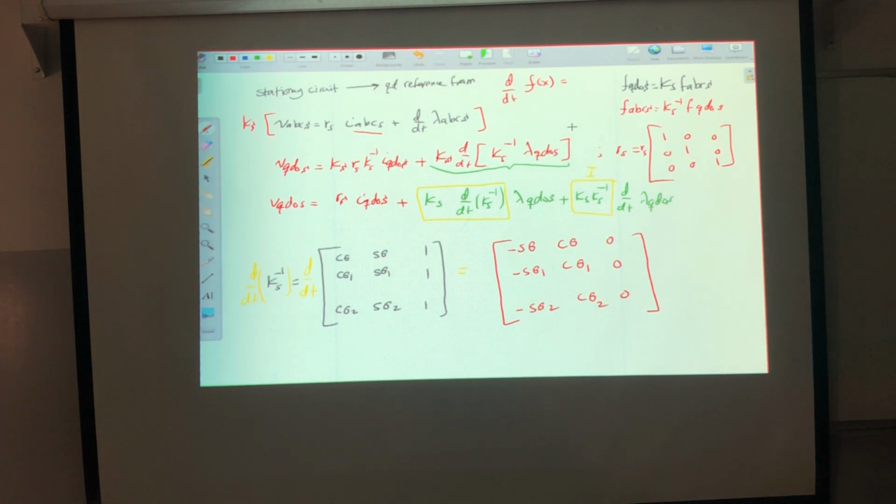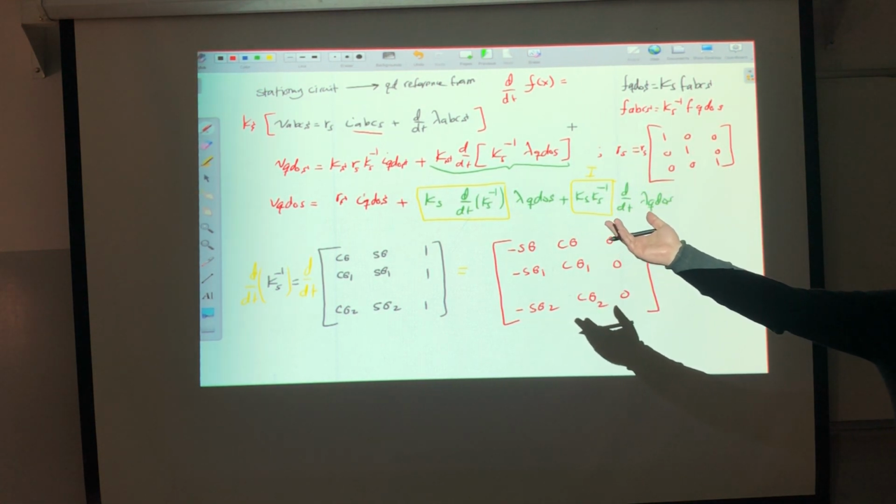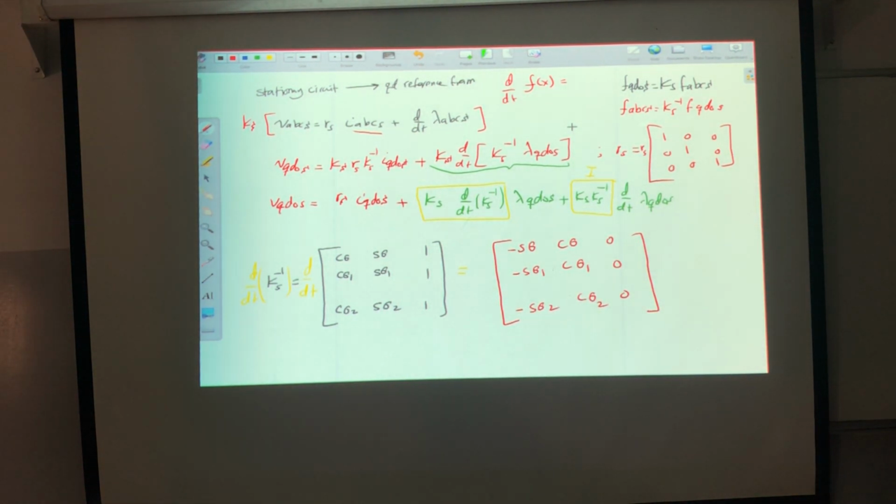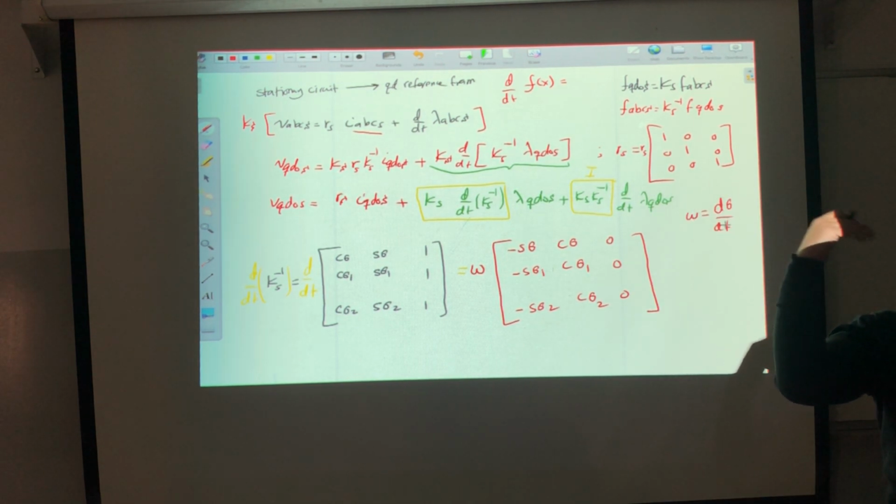Partial by partial x dot. Here what you did: you say partial by partial theta, and where is theta dot, which is omega. So here I need omega. Omega is what? d theta by dt. There's a constant, that's why I told you I don't care about the constant.